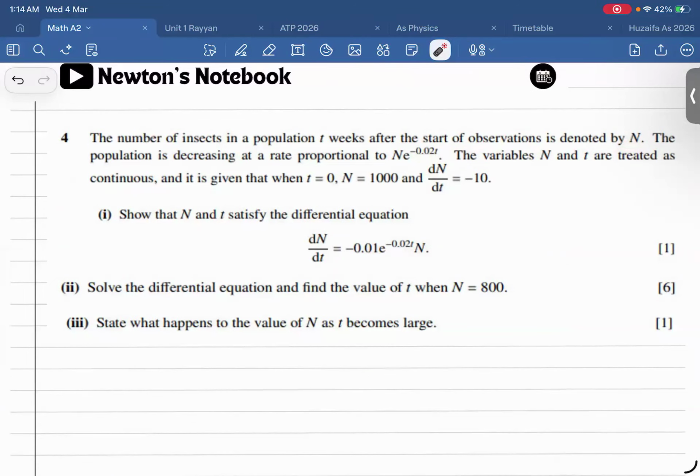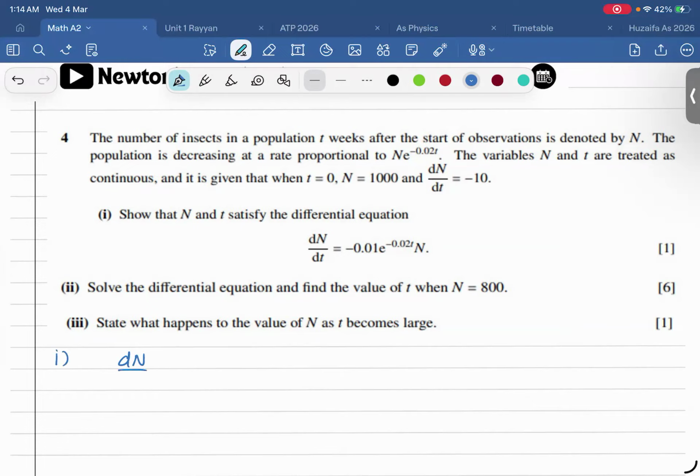The population is decreasing at the rate proportional to this, which means dN over dt, because the population is decreasing at the rate of, so the rate of decrease in the population is what they're talking about, is proportional to e to the power minus 0.02t. The variables N and t are treated as continuous, and it is given that when t is this, it is that, and dN over dt is negative 100.